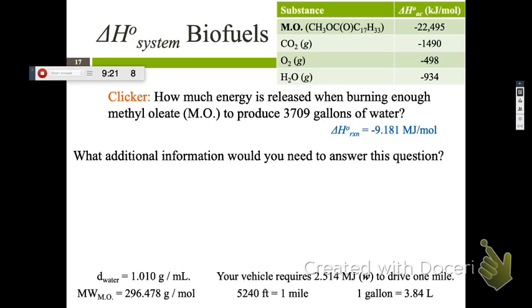Why are you doing it like this? This way confuses me. Okay, so that's grams. Okay, so you're converting to grams, moles, grams of water, moles of water, moles of MO, and then you converted it to grams.